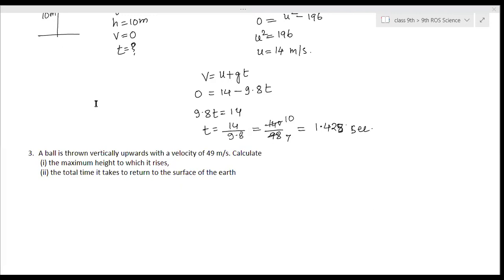Ma'am, G is minus 9.8. Yes. Ma'am, for V, shall we take it as 0? Yeah, obviously, it reaches the maximum height. Just now I have explained.